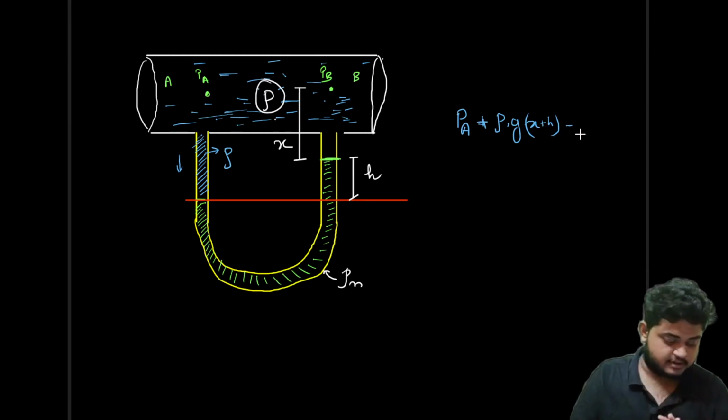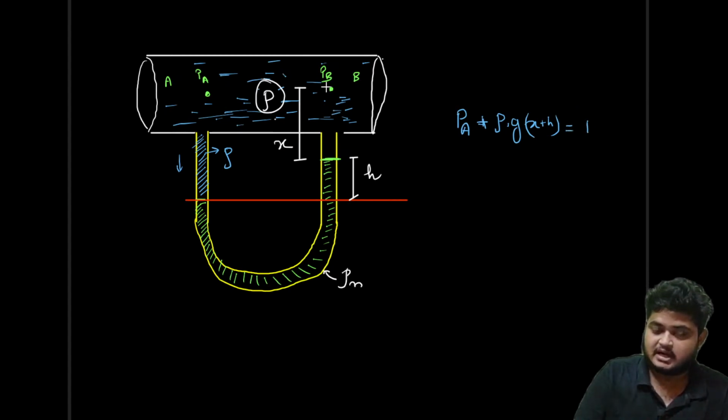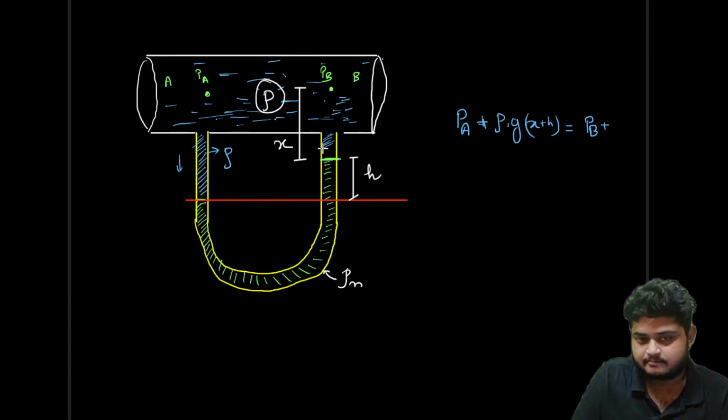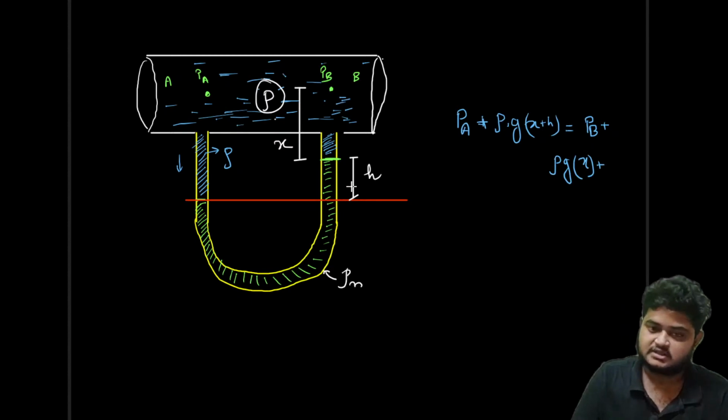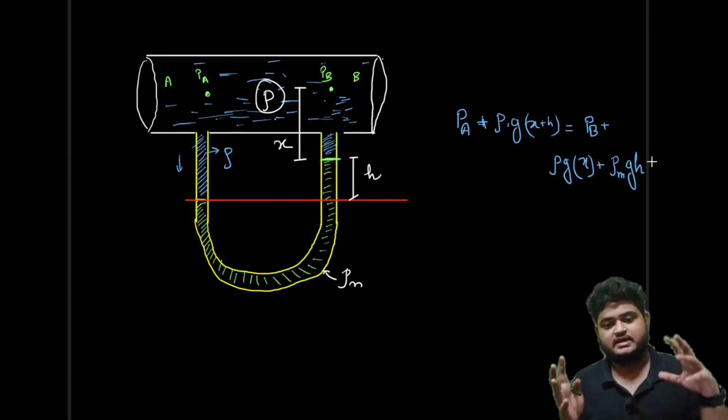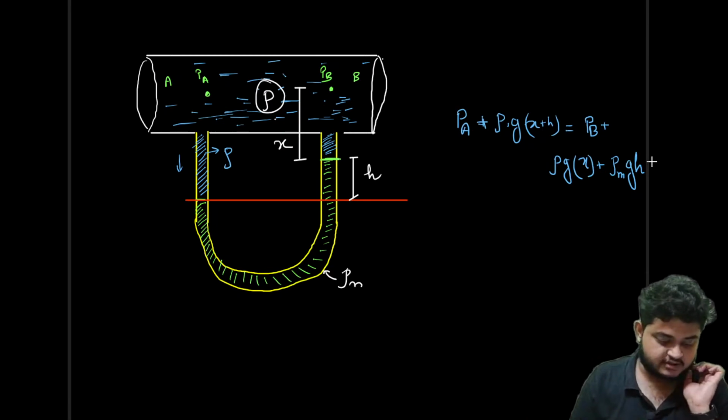This will be equal to, measuring from the other point, PB plus rho g x plus rho m g h. So this is the whole equation of the differential manometer.